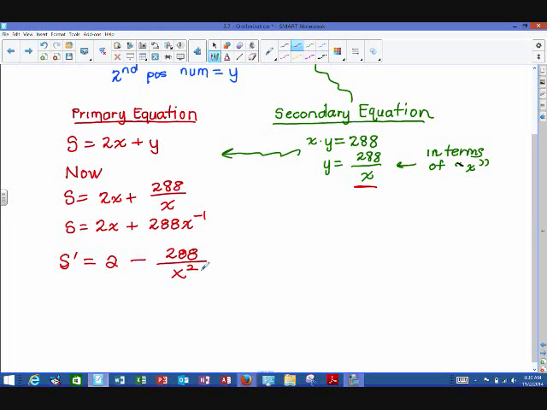Now we're ready to find critical numbers, but I'm going to do one more thing first. I'm going to go ahead and get a common denominator among these two terms, which is very simple to do. I will multiply this 2 by x squared over x squared to produce this fraction, and then I'll just drop in the minus 288 on top because it already had the x squared in the denominator.